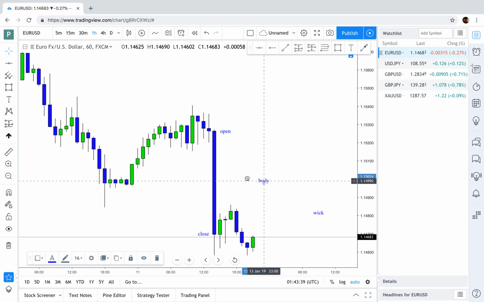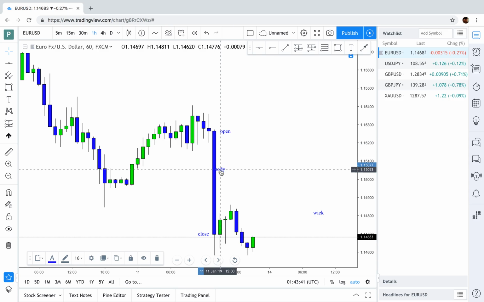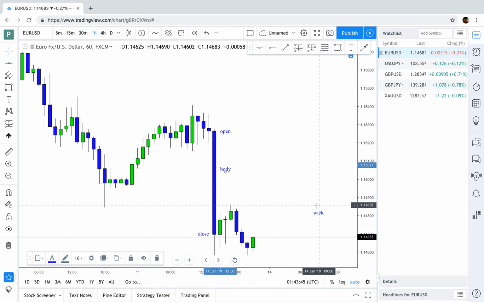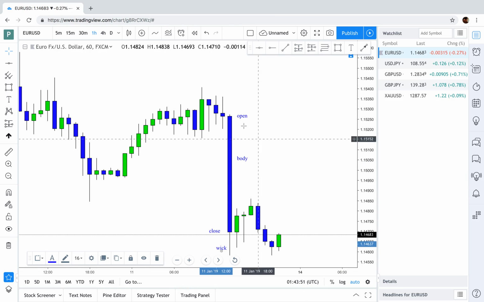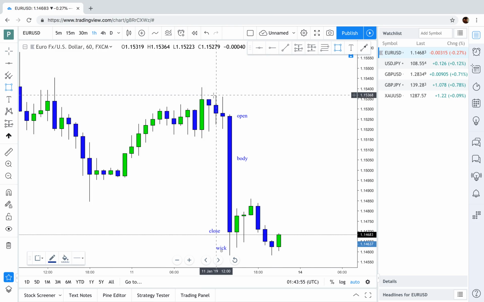The candlestick body is the big blue portion right here. It's the bulk of the candle, and the wick is this tiny extended part at the end. So wicks like these right here, see this portion? Let me show you. This is a wick right here.